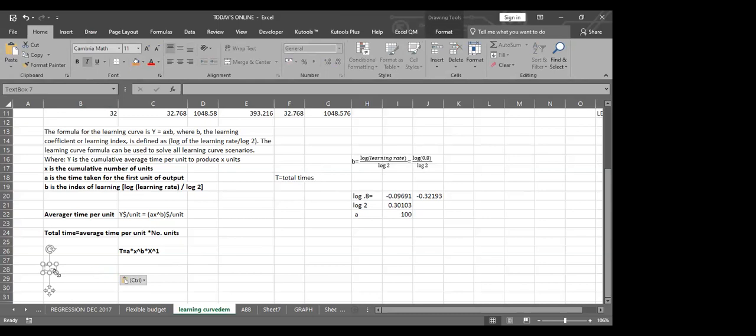You could take T for, say, 2 units, and subtract the other. If I want to get the incremental, let me extend this way. I'll take T for 1 unit, and subtract the other T, let's say T for 4 units. This one is so close to this one.